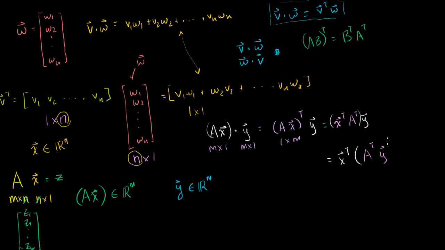Now let's think about what A transpose y is. A is m by n, so A transpose is going to be n by m.